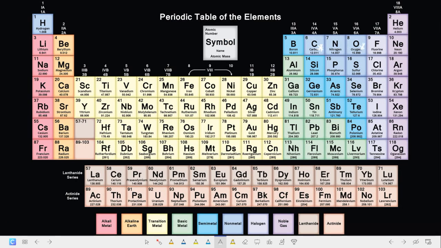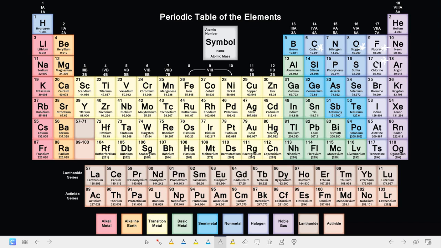You have oxygen, you have fluorine, and we are told that electronegativity does what? Increases across the period. So if it increases across the period, it means carbon is less than oxygen, which is less than what? Fluorine. Is that understood? Then it decreases down the group. So it means that fluorine is more electronegative than what? Chlorine. Across the period, fluorine is the highest, and down the group also, fluorine is the highest.